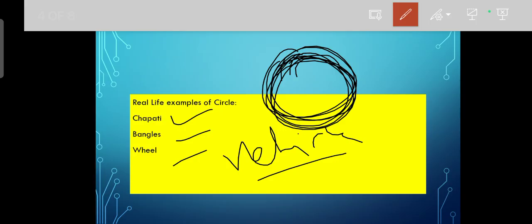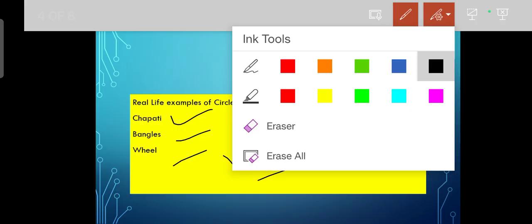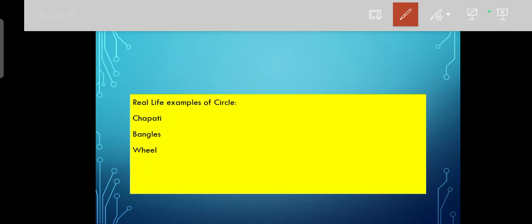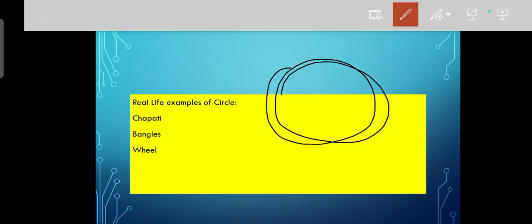So this is the basic knowledge about the circle. Now the question is, what is the need to study the circle? Suppose this is a chapati and we have to keep it on the desk.